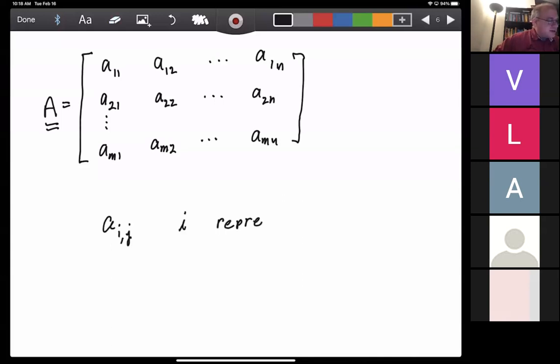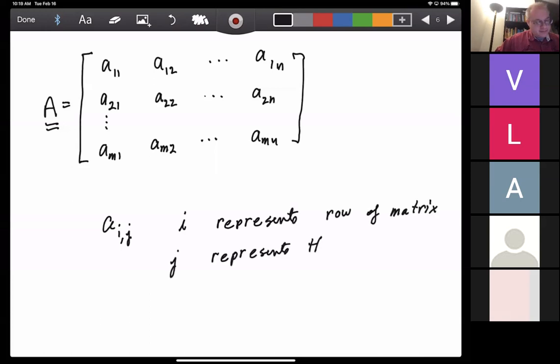That first subscript i represents the row in which that coefficient appears in our matrix. j represents the column in which that coefficient occurs.